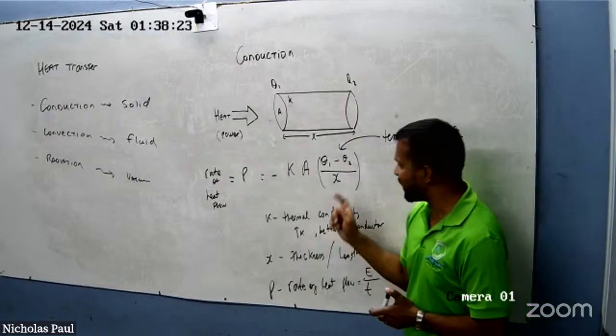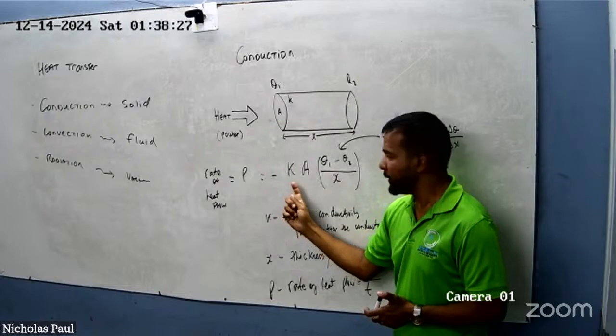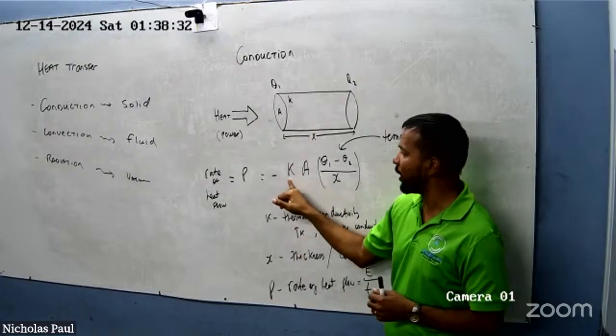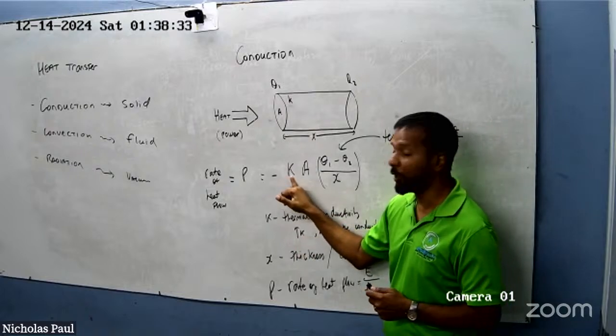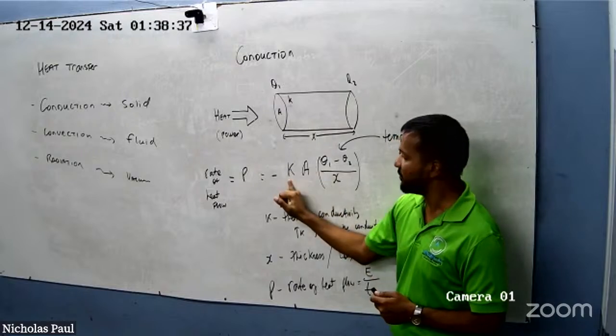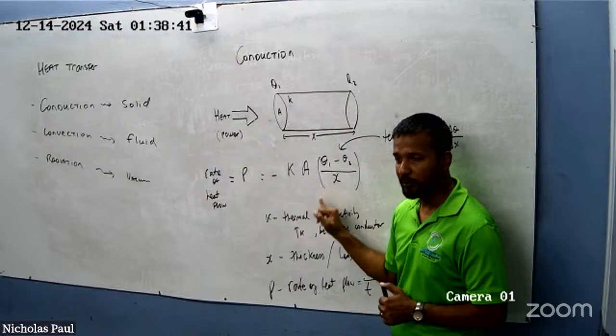But before we start to practice using this, we need to understand how temperature gradient and K are related. For example, if I give you a good conductor, what will the temperature gradient look like? If I give you a poor conductor, what will the temperature gradient look like?